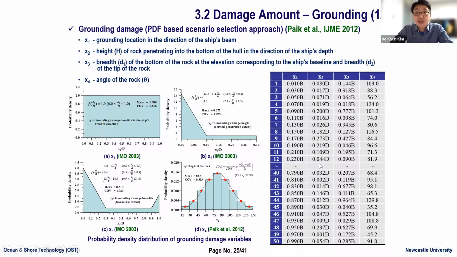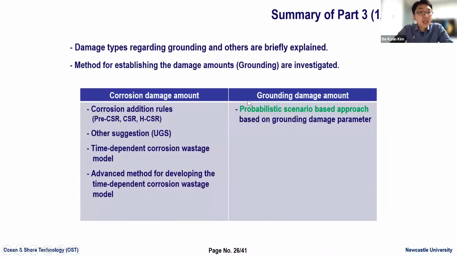Based on this, we adopted the sampling technique, and we generated 50 individual damage scenarios, as you can see here in the box. The damage types regarding grounding and others are briefly explained here, and the method for establishing the damage amount is investigated. So the important keyword is that the probabilistic scenario-based approach will be adopted in this study.